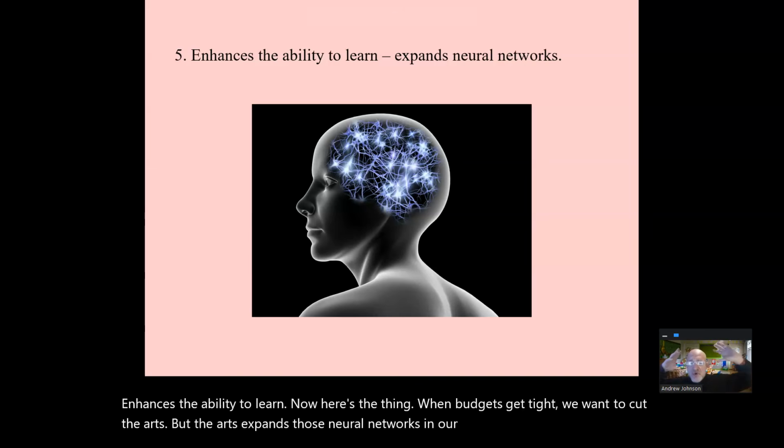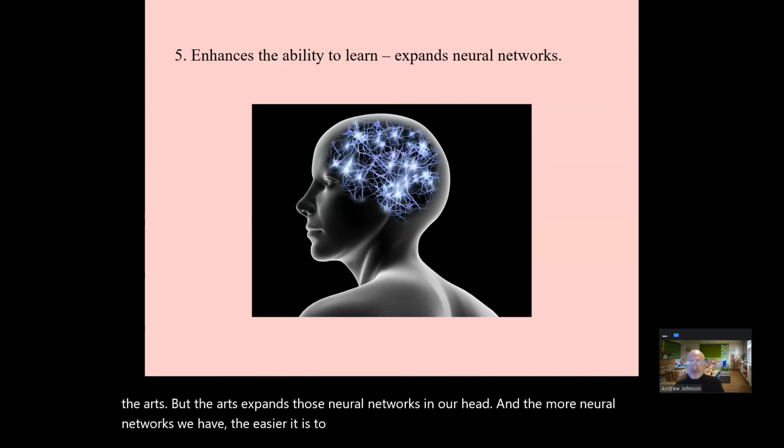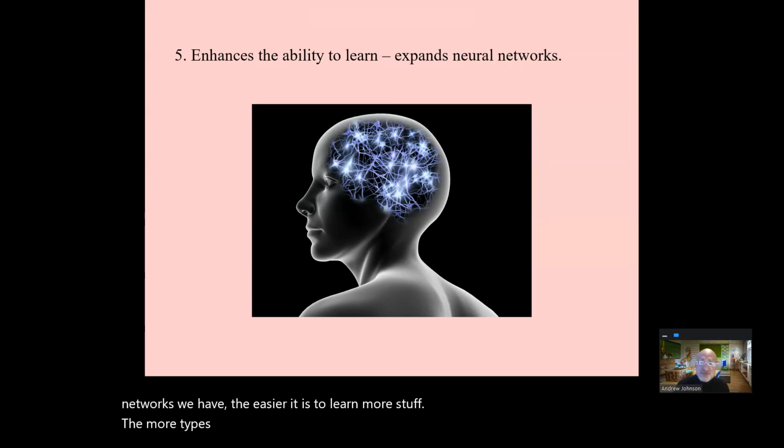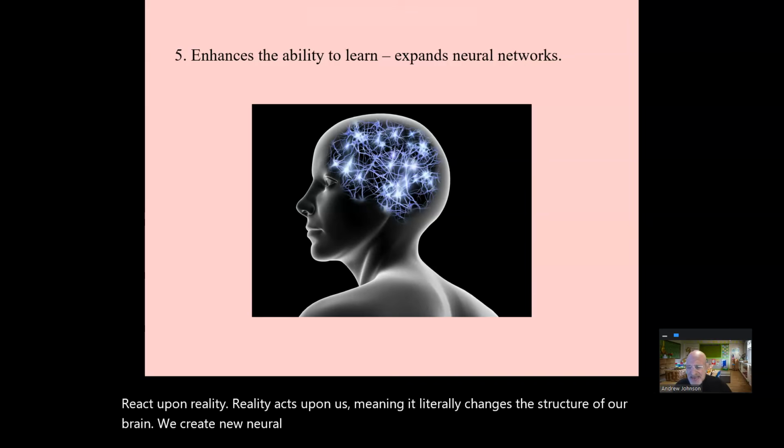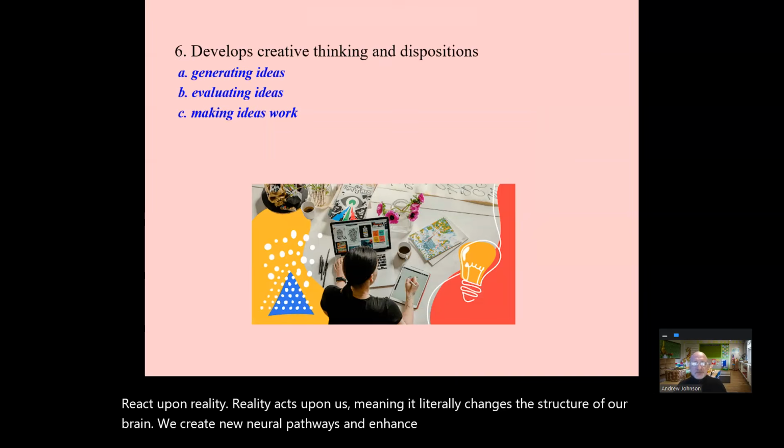And the more neural networks we have, the easier it is to learn more stuff, the more types of experiences. So we perceive things, we act upon reality, reality acts upon us, meaning it literally changes the structure of our brain. We create new neural pathways and enhance our neural networks.